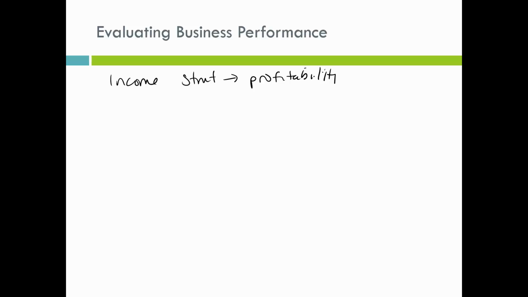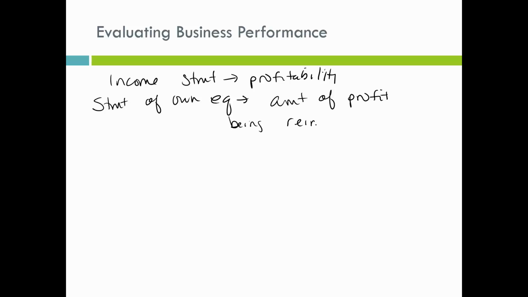The statement of owner's equity shows me the amount of profit or net income that's being reinvested in the business. So I can see, for example, if the owner's taken everything out, which is making the owner profitable, but maybe not the business. So I can see how much he's putting back into it.